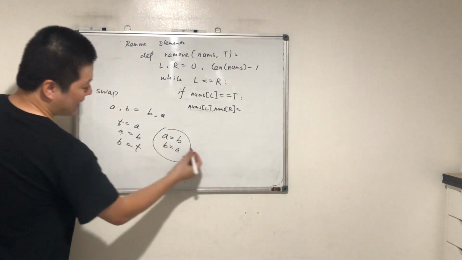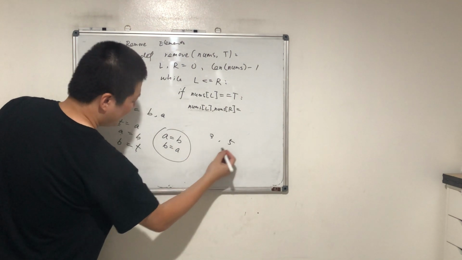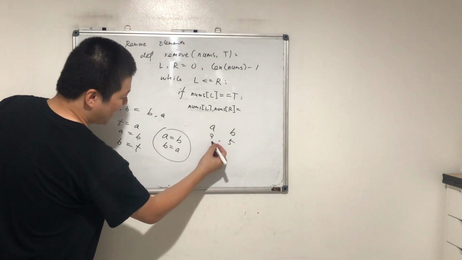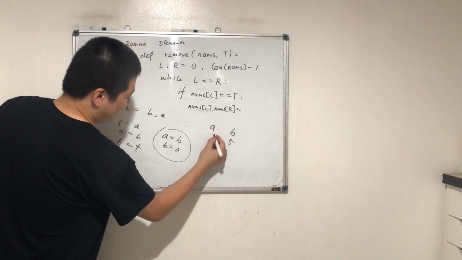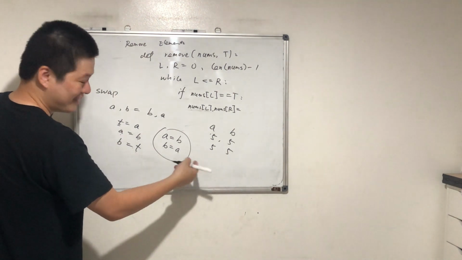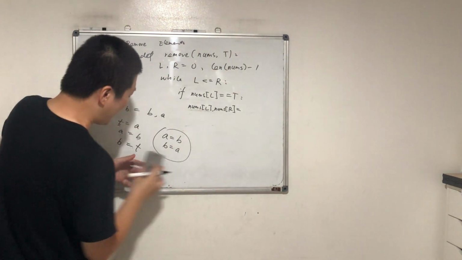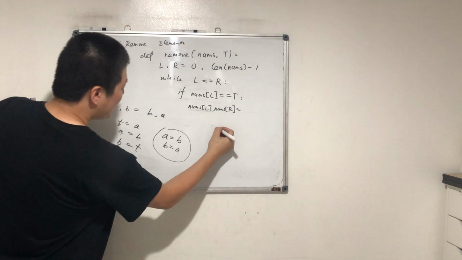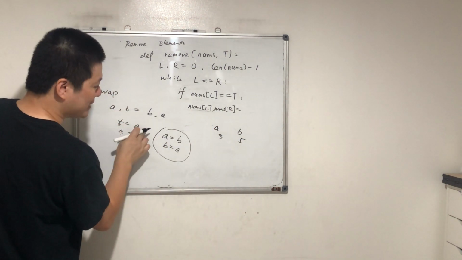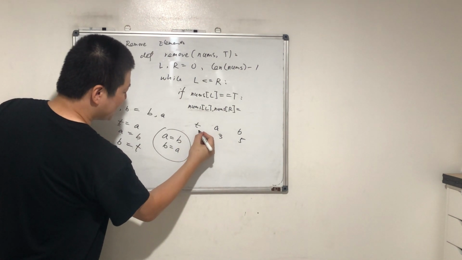Look, I can show you. Take 3 and 5. A equals 3, B equals 5. A equals B, then A is 5. And B equals A, so 5, right? That is not the same as this: A is 3, B is 5, and then T equals A, which is 3.